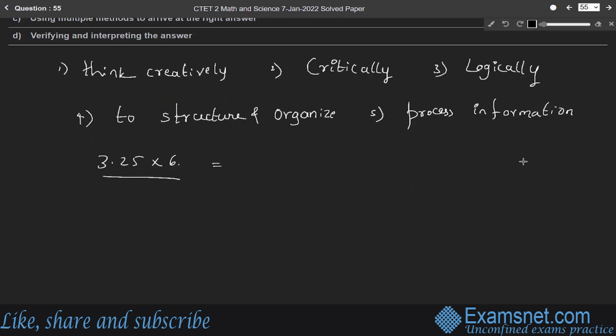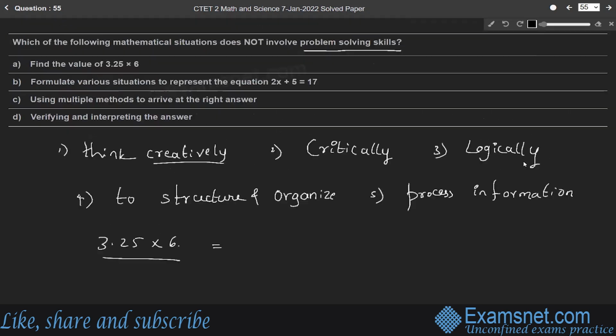It doesn't require any problem solving skills like critical thinking or creative thinking or any analysis like that. The student is not required to read and understand the problem in order to solve it. So it doesn't enhance the thinking capacity of the student. Therefore, option A is the right answer, which does not involve any problem solving skill.